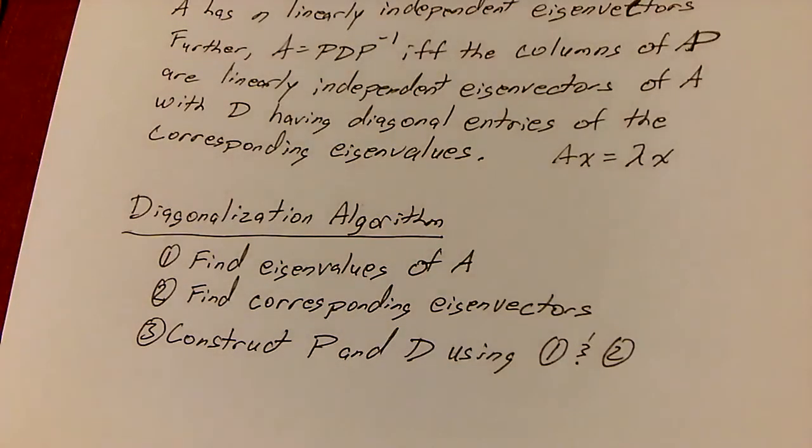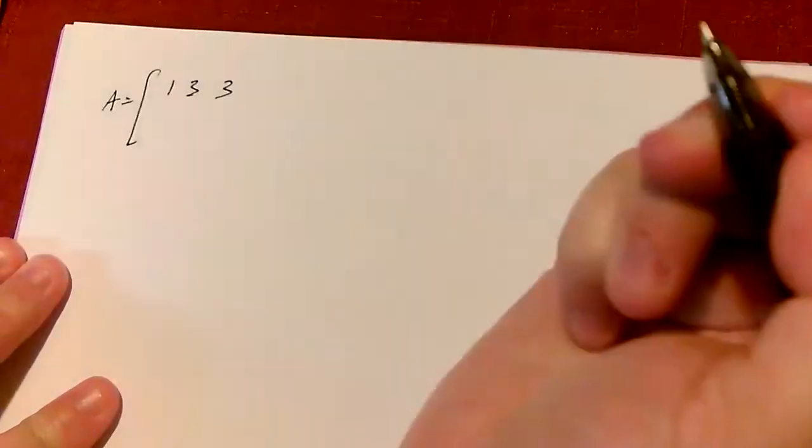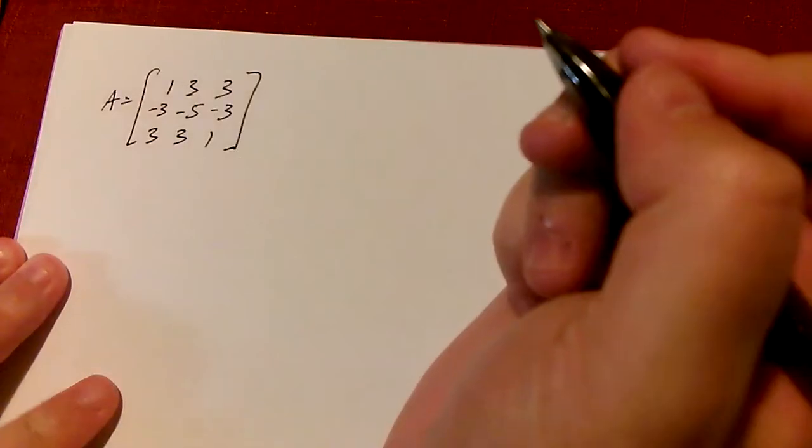So let's look at some matrices here that we're going to try to diagonalize if we can. First matrix up here is going to be A, which is equal to 1, 3, 3 on the top row, -3, -5, -3, and 3, 3, 1 on the bottom row.